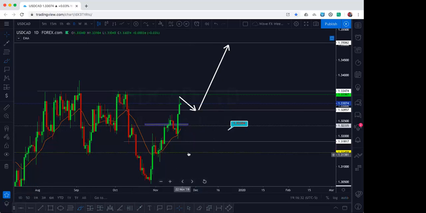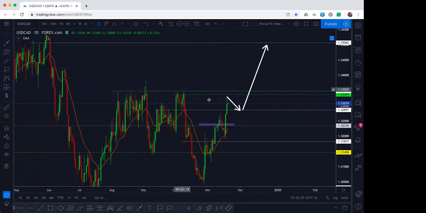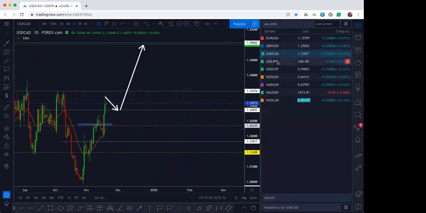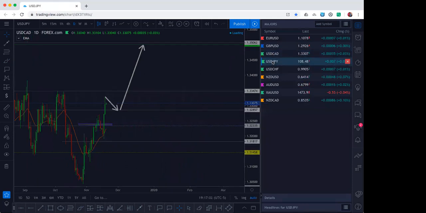So USD CAD, I think for now we'll leave it where it is. Ideally, to see the retracement back into this area and then for continued movement to the upside. Well, let's see. By the time we do the next session, it will be a full week from today. So I guess we'll still leave the target point in there and we'll simply assess as we go along. All right. So that's the overall target point for USD CAD.